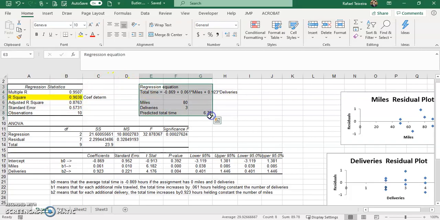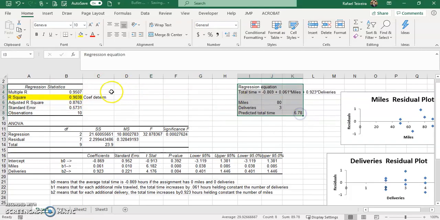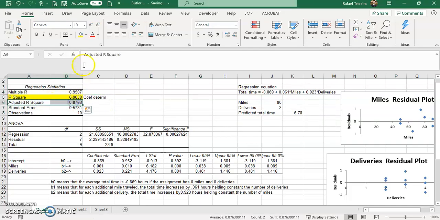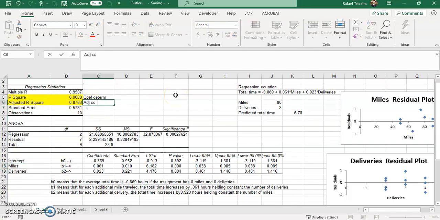Let me interpret. But before I interpret, I want to call attention to the adjusted r square. The adjusted r square is the one that we're going to be using in multiple regression because it adjusts for the number of independent variables. So this is the adjusted coefficient of determination.